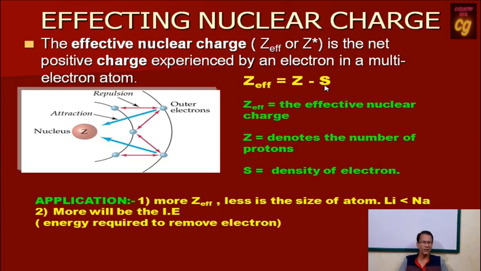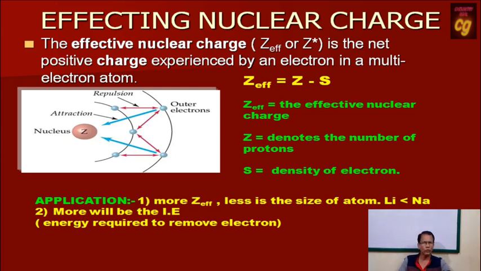S is also called the shielding constant, or the density of electrons available in between the outermost electron and nucleus. So ultimately Z effective depends upon the value of S. If the number of electrons in between the outermost electron and nucleus is more, then the S value will be more.